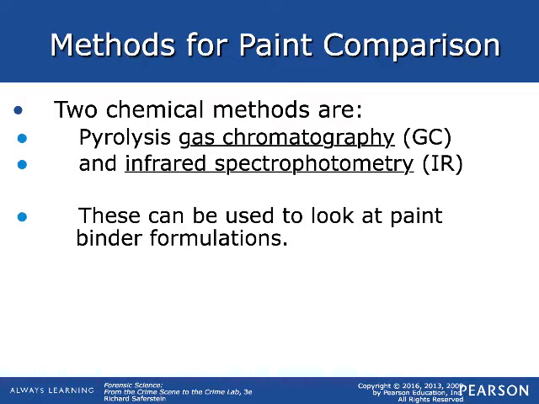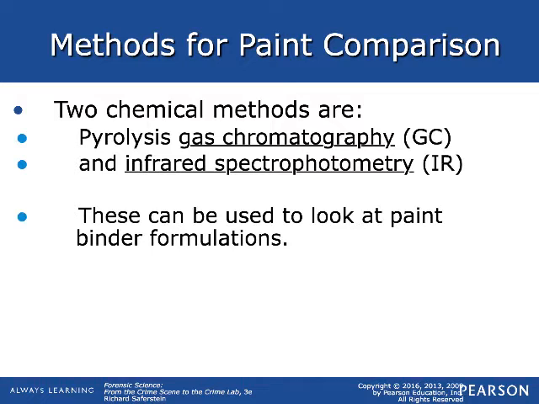And gas chromatography, or chromatography is the right way you're supposed to say it. Gas chromatography, we often refer to it as GC. It is a way to separate molecules so that you can see what's actually in a chemical. Another way is infrared spectrophotometry, which we call IR.